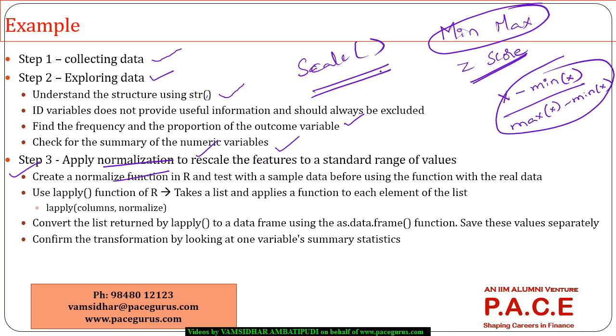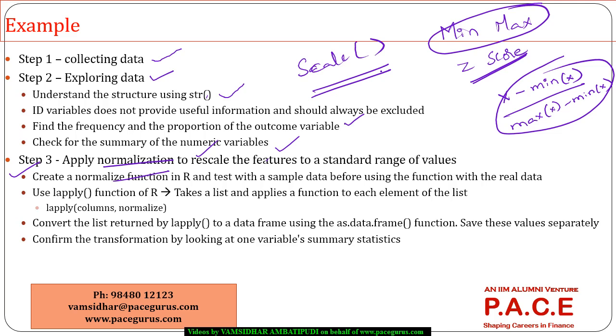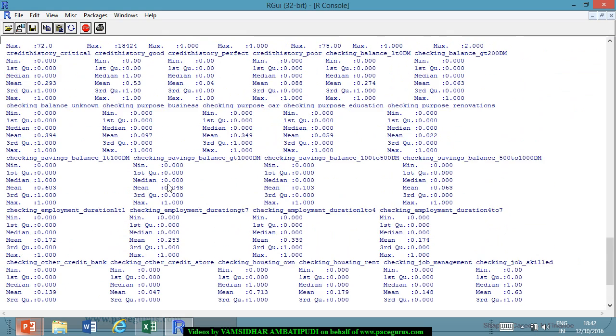But now, once we have created this function, I want to apply it to almost all the columns of my data. All the columns that are there, I want to apply this min-max normalization. So if I have to apply it to all the columns, I am going to use lapply as a function. Of course, here we don't have the default.